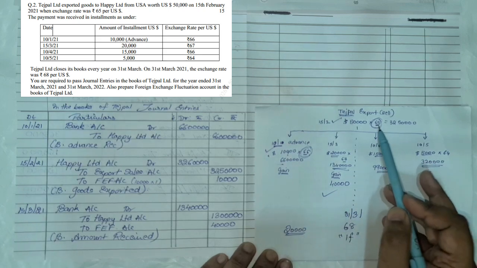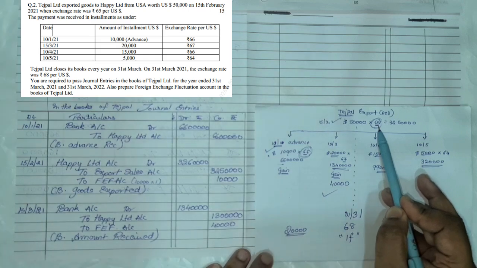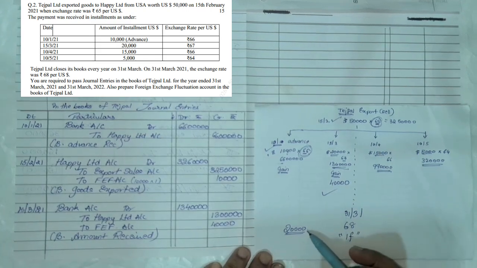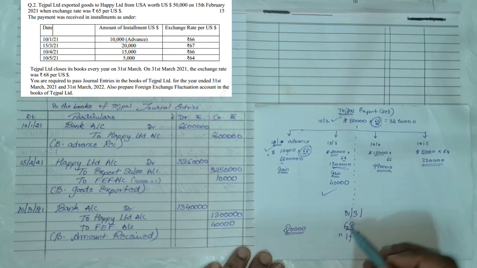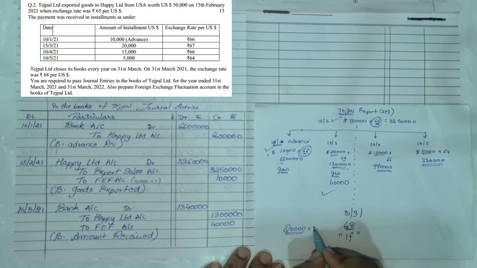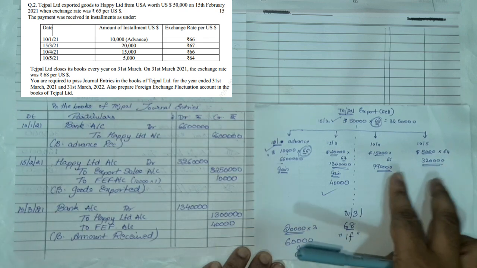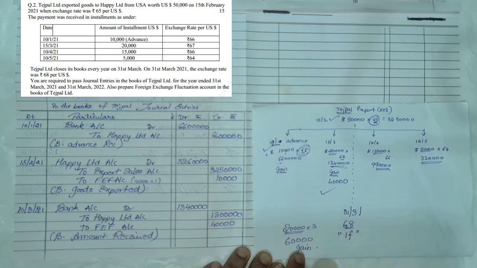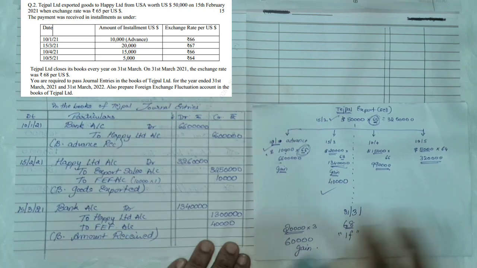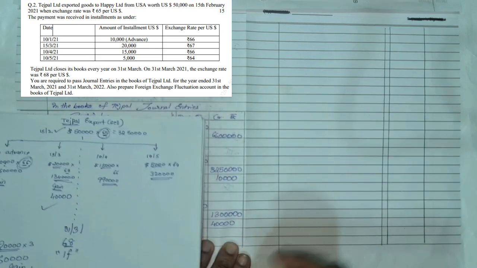Now original price was 65. If I had to receive that same $20,000 in this current year on 31st March, there would have been a gain of 3, because 65 I would have received 68. So into 3, 60,000 gain I would have had if I would have received the balance in the current year itself on 31st March. So we need to pass this gain entry. In gain, remember FEF is always credited.